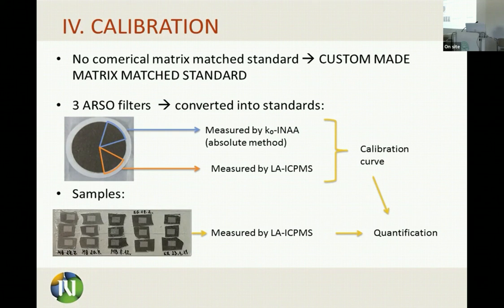We took 3 real-life samples and measured their elemental composition by the absolute method of INAA, Instrumental Nuclear Activation Analysis. And so we got the information on elemental composition, so we could use those samples as standards and quantify other samples measured by laser ablation ICP-MS based on those results.